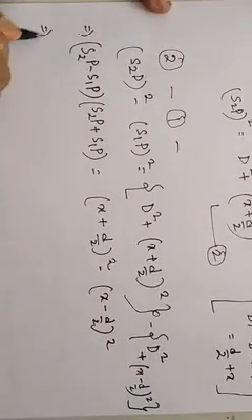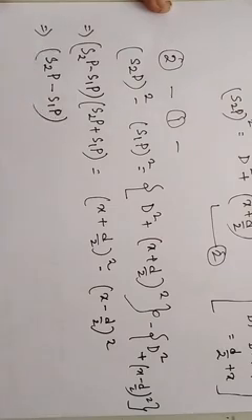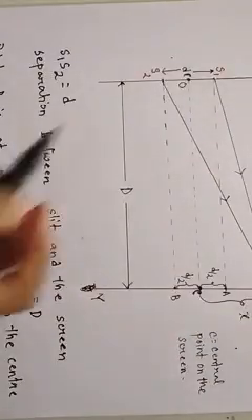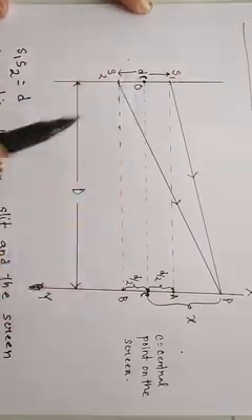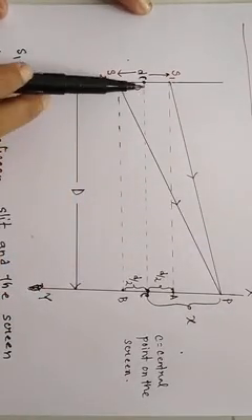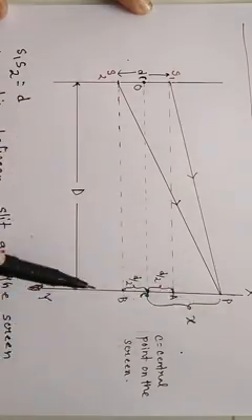Now let us keep S2P minus S1P as it is. Now you see, as this slit separation is very small, this d is a very small distance. So you see this S1P and S2P are almost equal.